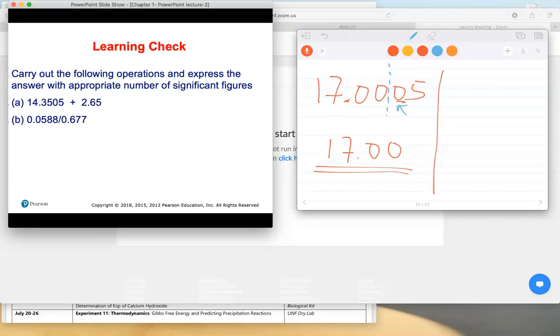This is A, and B right here is division.